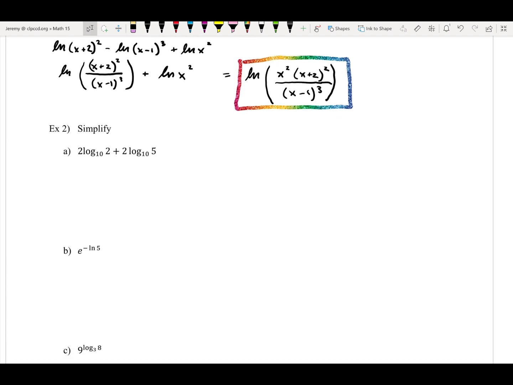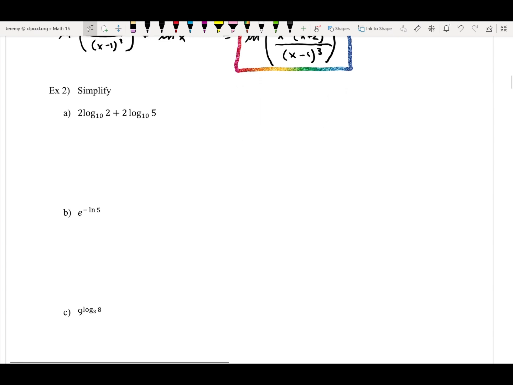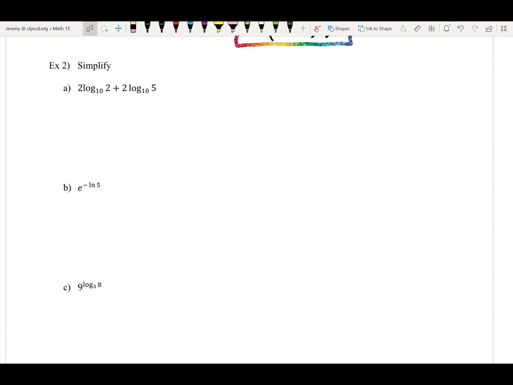Okay, and this can be helpful in simplifying logarithms, like in example 2. Let's look at part A. We want to simplify this. And just a reminder, the way that we evaluate logarithms, this is a side example. If I had log base 2 of 1 over 8, how about? What would this be equal to?